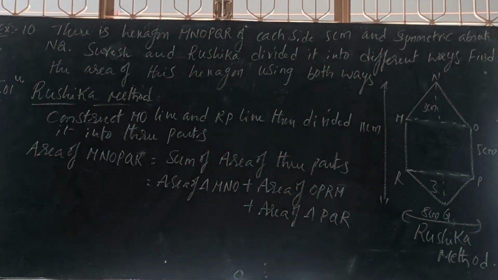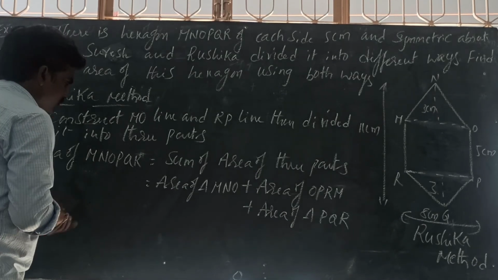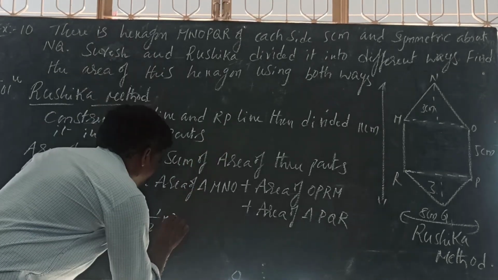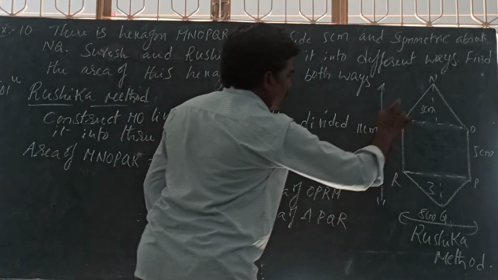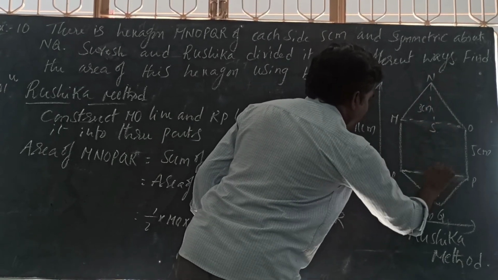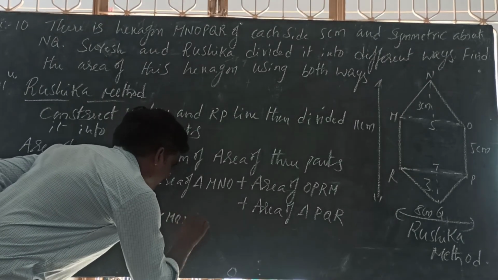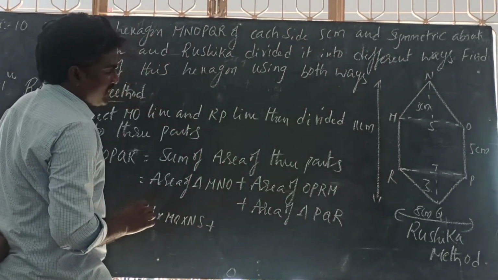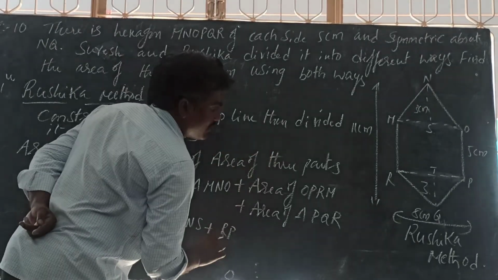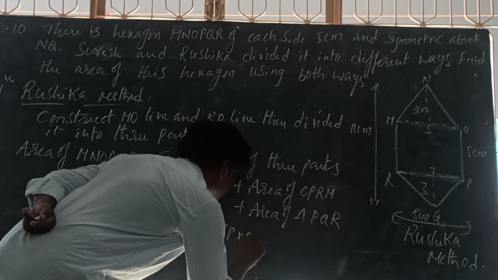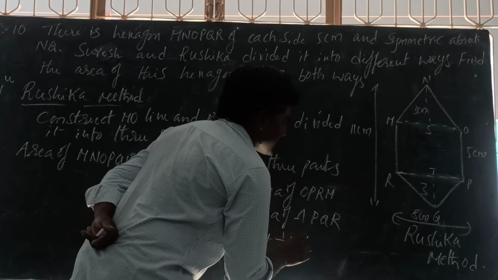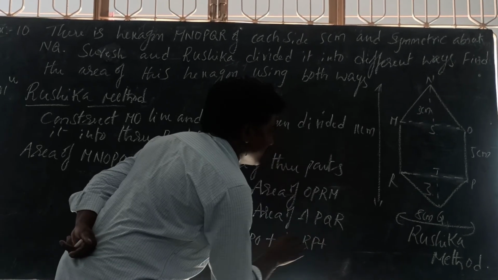So the area of triangle MNO is half into base MO into height. Here we don't know the point S, it is Q. Height is NS. Plus the area of the rectangle: length RP into breadth PO. Next, the area of triangle PQR: base is RP, height is QT.